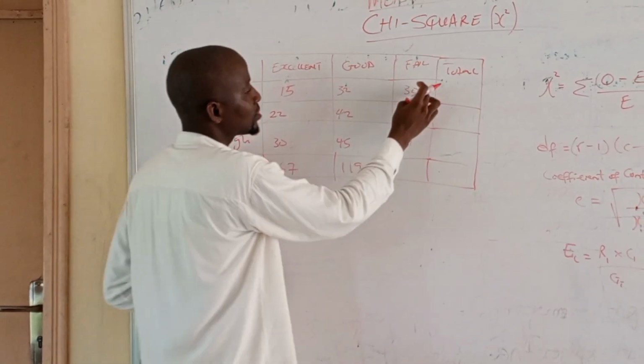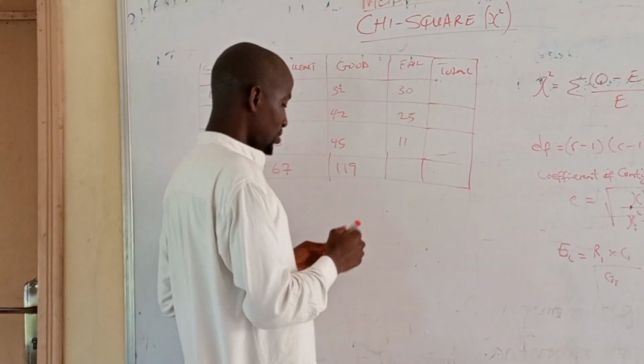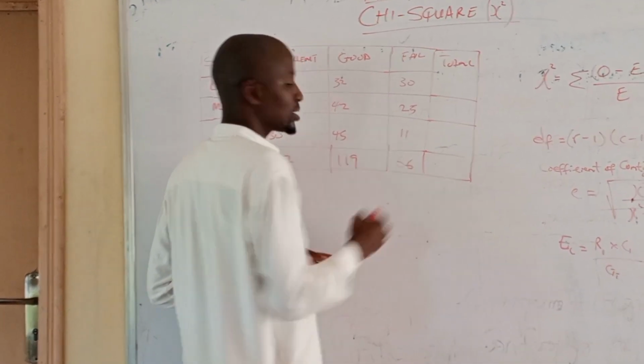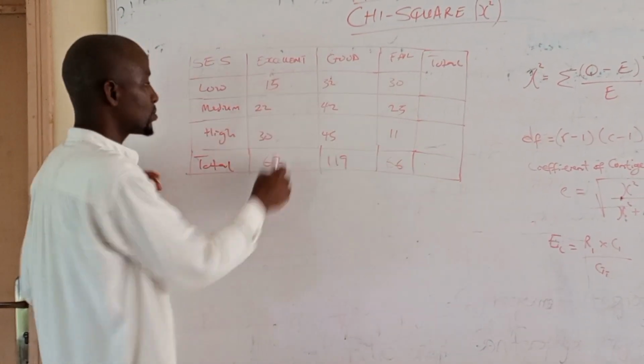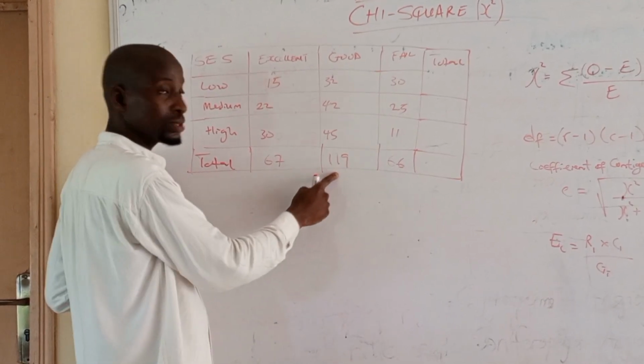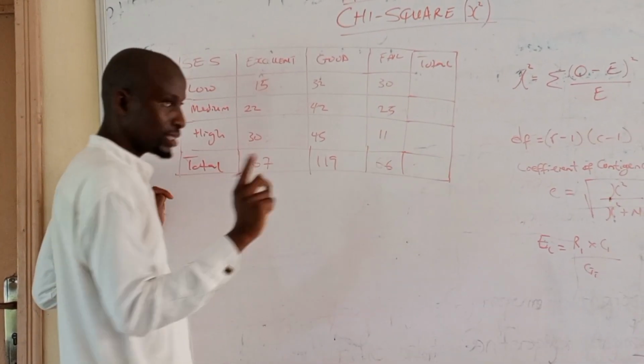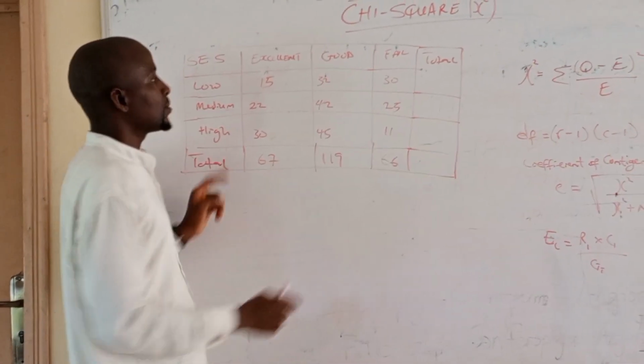We have 55 plus 11, and that will give you 66. So these are the totals for this. So this is row total 1, row total 2, row total 3. Take note. Column total now.